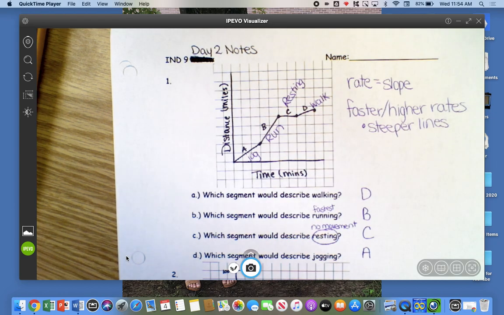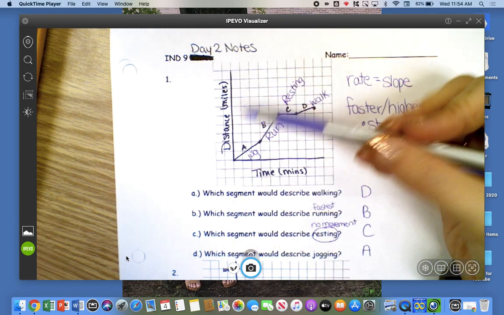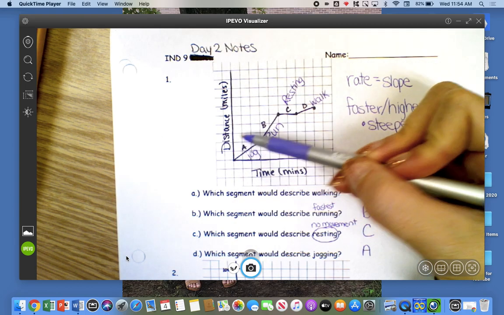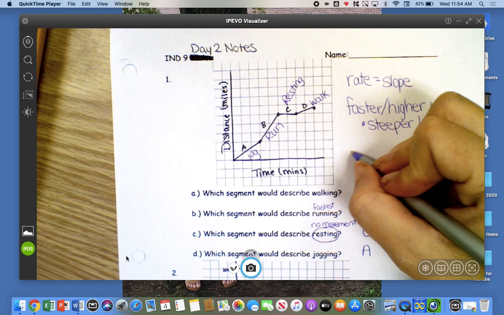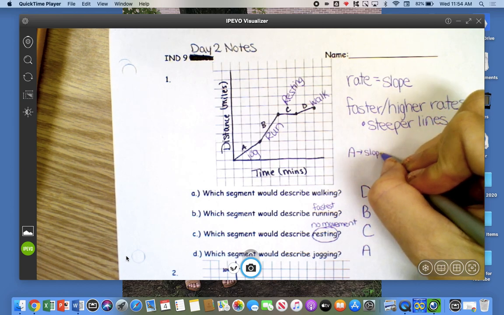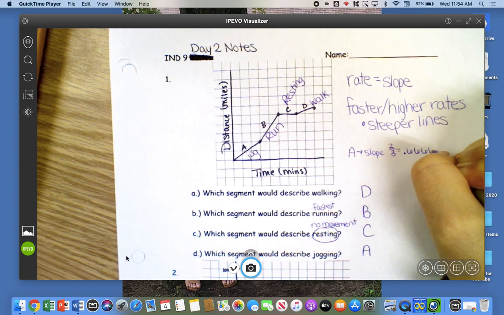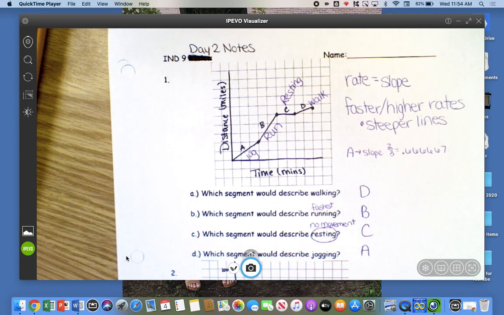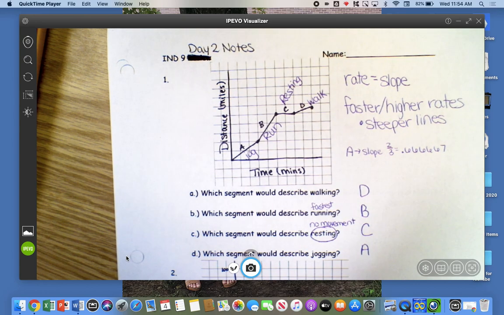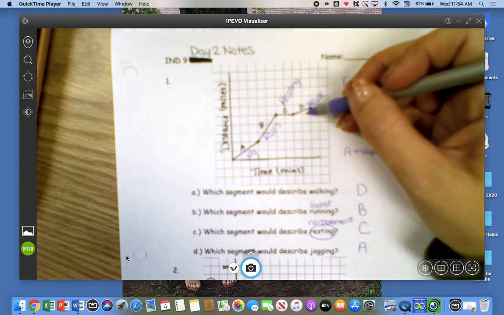Now if we wanted to really compare those two, the one that I marked jogging, the slope, if I do rise over run, it goes up 2 over 3. So segment A, the slope is 2 over 3, which is 0.66666, it's 6 repeating. All right, now segment D, it's only going up a half, but it's going over 2.